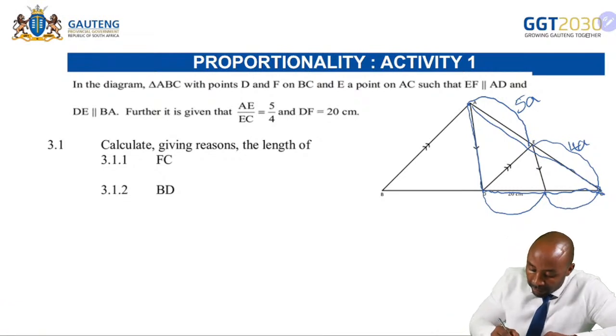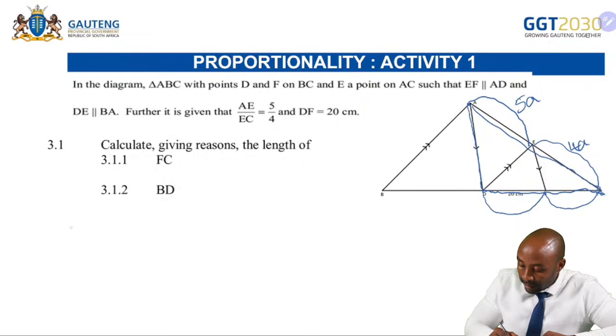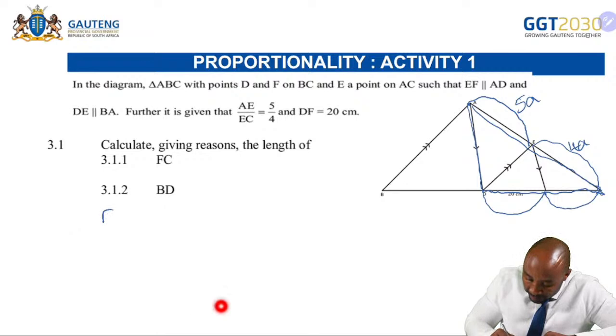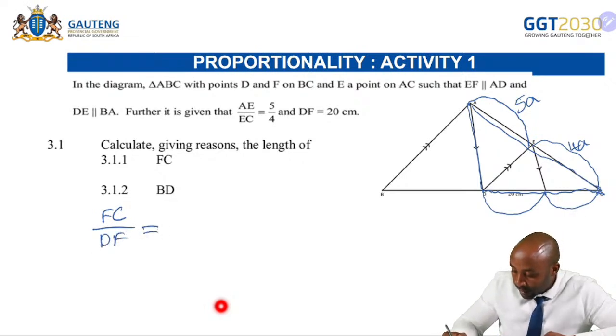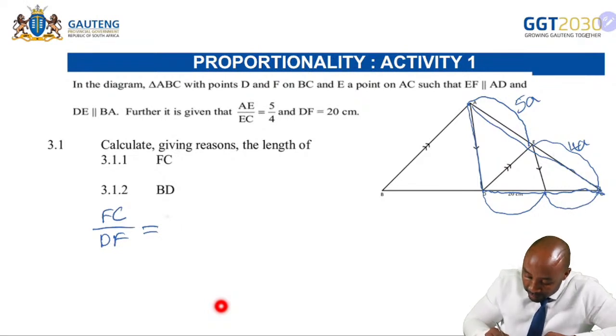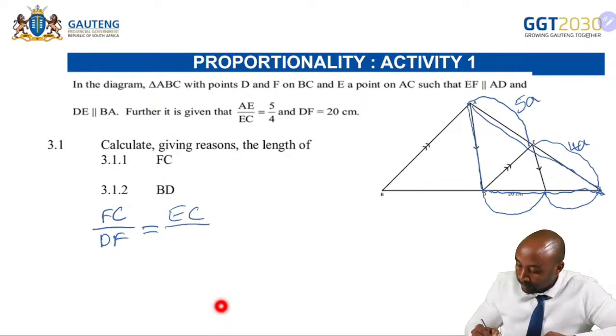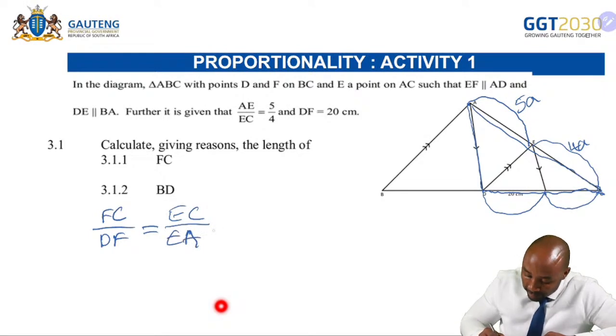Let's write down our formal solution. Let me start with FC over my DF. FC goes with CE, or EC over my EA. My reason becomes prop theorem.